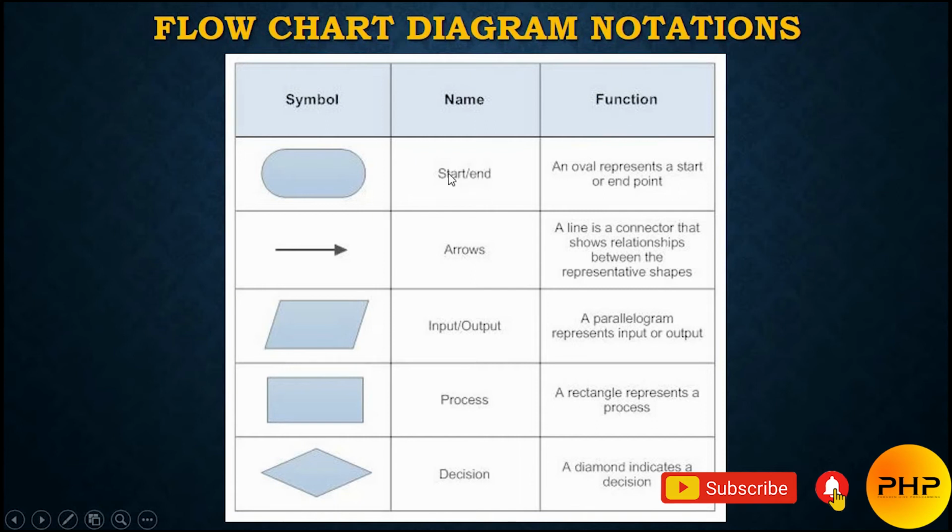Because with the flowchart diagram, pseudocode, we see our start and end representation, our arrows showing direction, and your symbols. The parallelogram is one symbol, which we use to display information to the user and also for input. The rectangle depicts the processing of information or data. The diamond represents the decision, like an if statement or nested if.